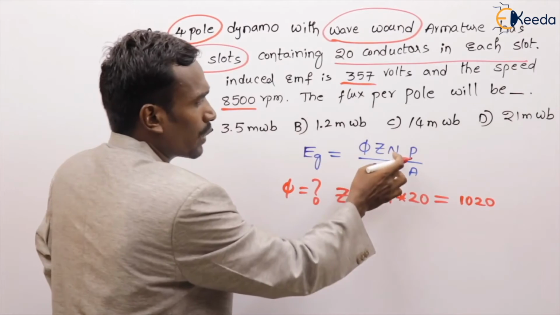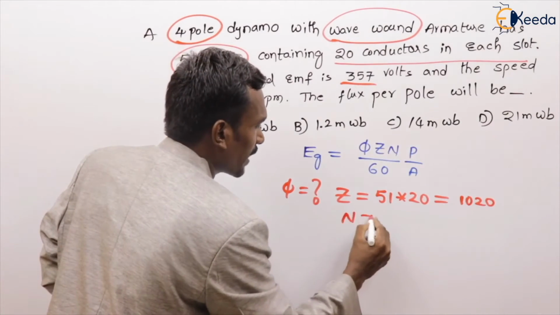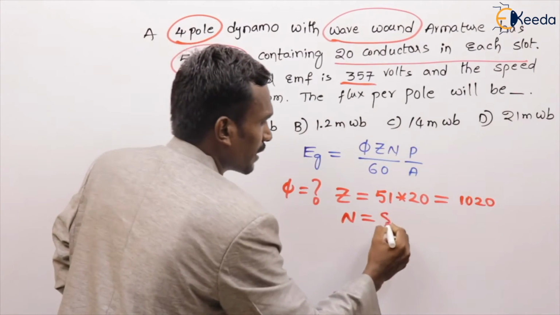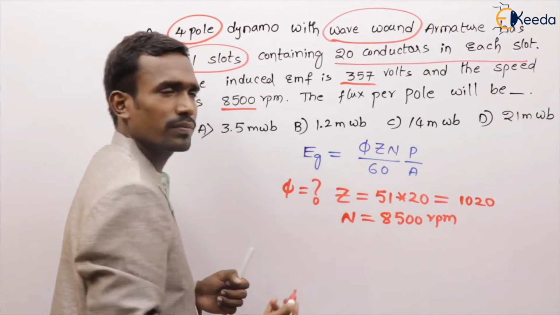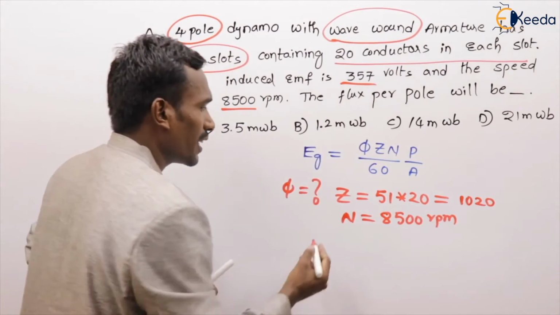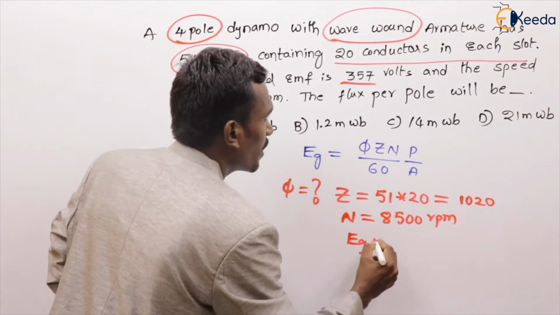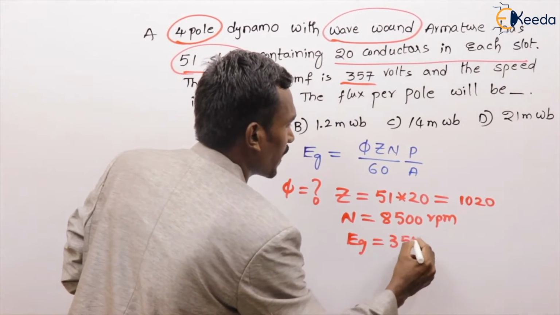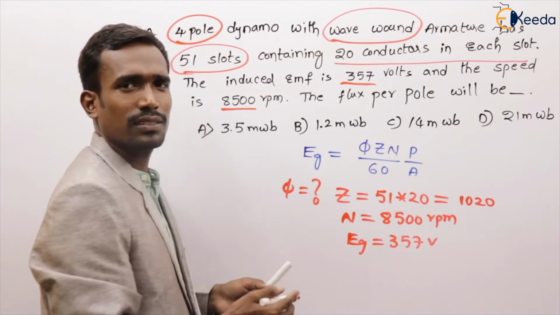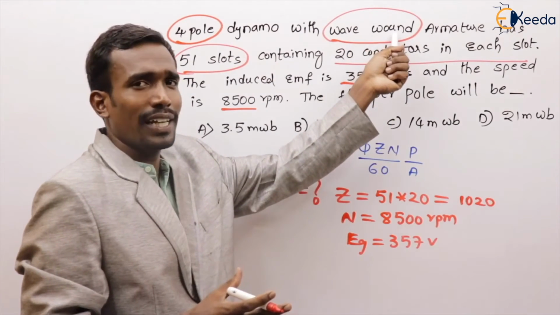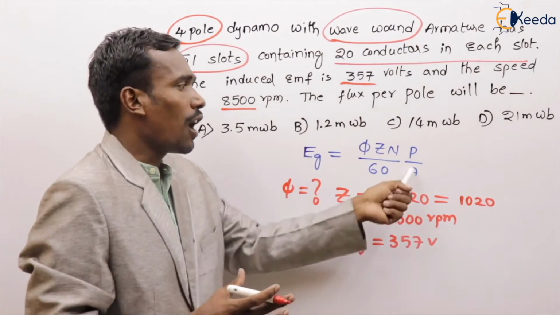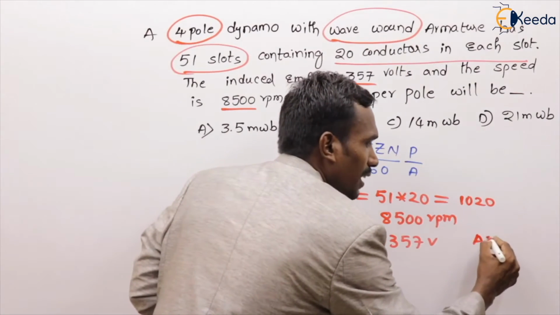Now tell me, what is n? The speed they gave is 8500 rpm. Of course, the generated EMF is also given, 357 volts. Then tell me, for wave winding, how many parallel paths are there?